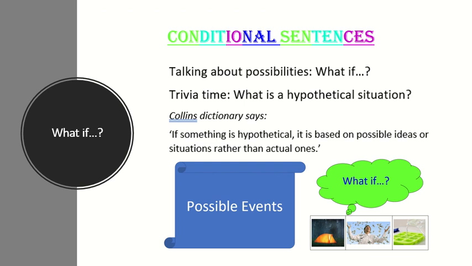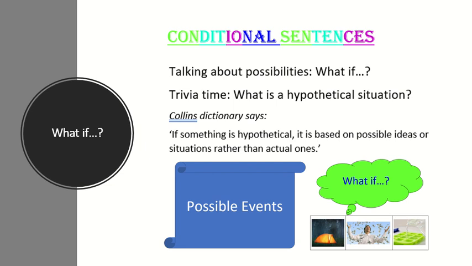In today's lesson, we're going to be doing conditional sentences. We use conditional sentences to talk about possibilities. What if? These are hypothetical situations. Hypothetical situations are when you imagine things that could have happened that didn't really happen.